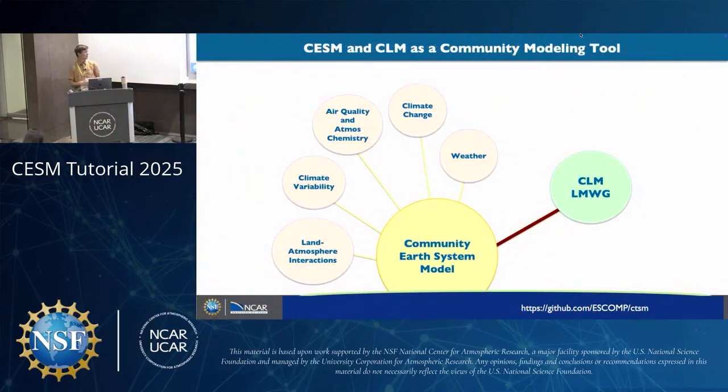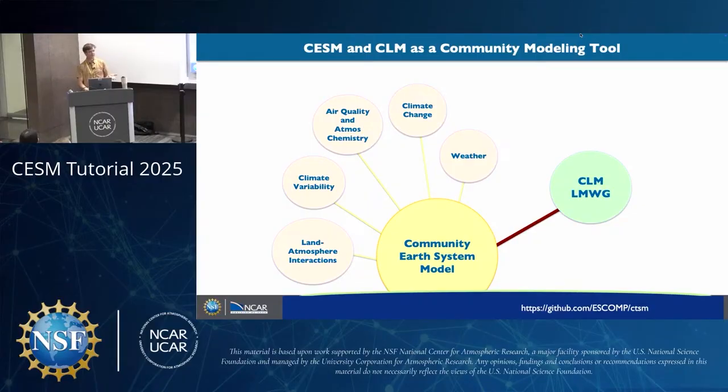I don't know if Dave showed some variant of this hub and spoke diagram, but for the Community Earth System Model, you can think about things like land-atmosphere interactions, climate variability, air quality, climate change and weather, and really CLM and the land model working group are critical to that.